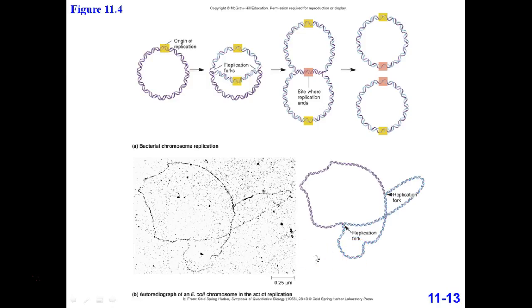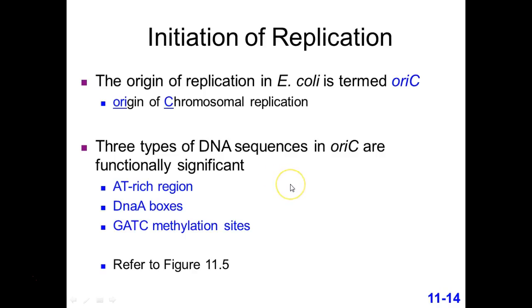Okay, so this is a diagram showing the replication fork. So there are 2 of them, because it's going to go off in opposite directions from the origin of replication. And then, of course, we're going to talk about where it ends. As we saw, the origin of replication for E. coli is oriC, for chromosome.